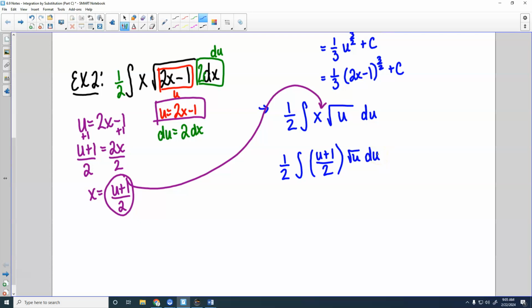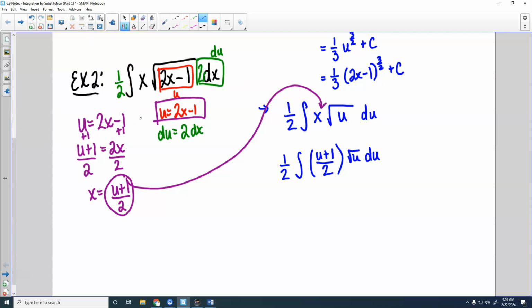Everything's used now, but it's a little complicated. The 2 dx gets replaced with the du there, so the 2 is not on the inside anymore. But you do have the 1/2 that's still on the outside.